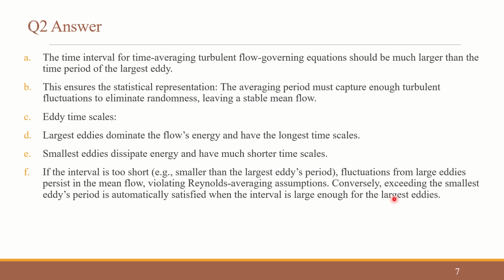So I hope you are clear with this. If the time period is too small, the fluctuations from large eddies persist in the mean flow, and we will be violating the Reynolds averaging assumptions.